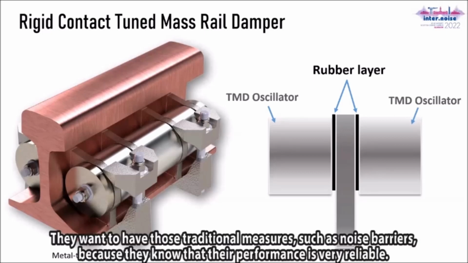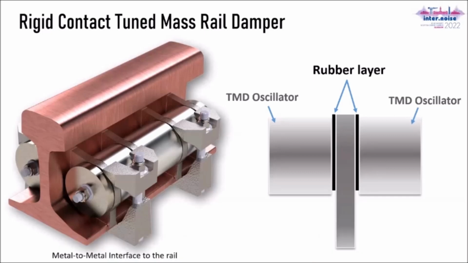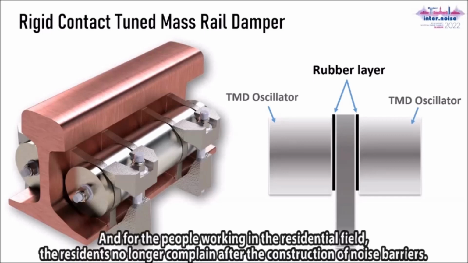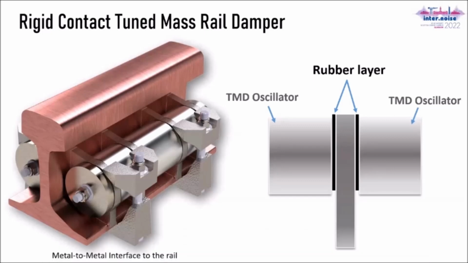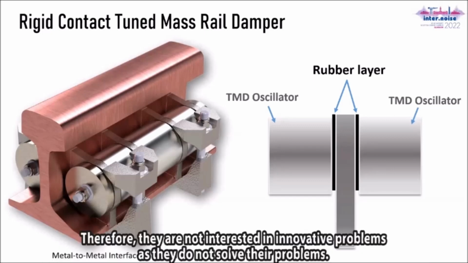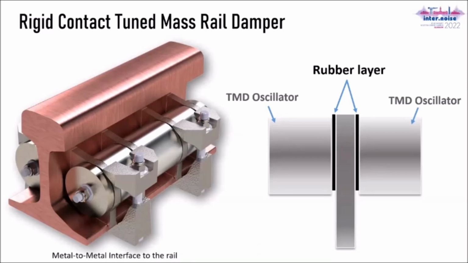They want the traditional measures, such as noise barriers, because the performance is very reliable. They know that, and also the residential people see that once you build a noise barrier, they would not complain again. But they are not interested in innovative measures because they do not solve their problem.